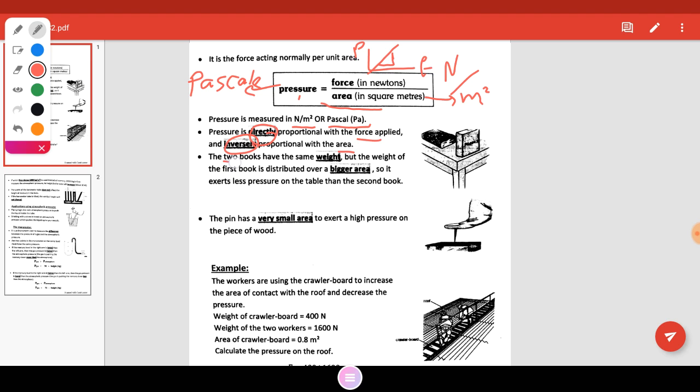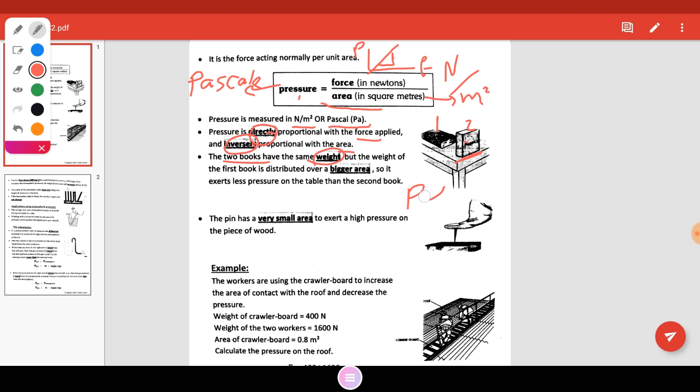If you have two boxes of the same weight, this is the first, this is the second. The first has a wide, large area, while the second has a small area.